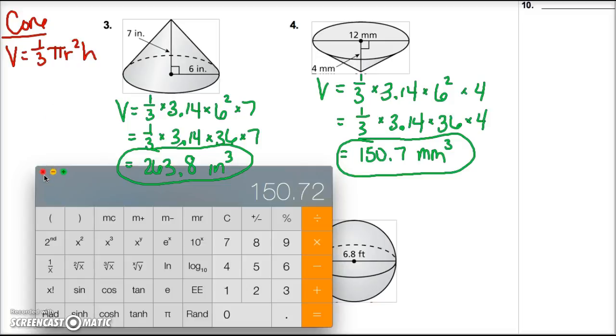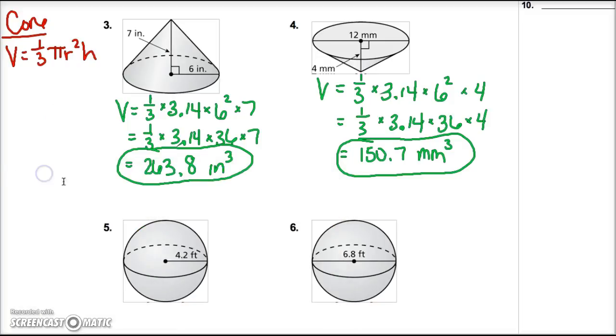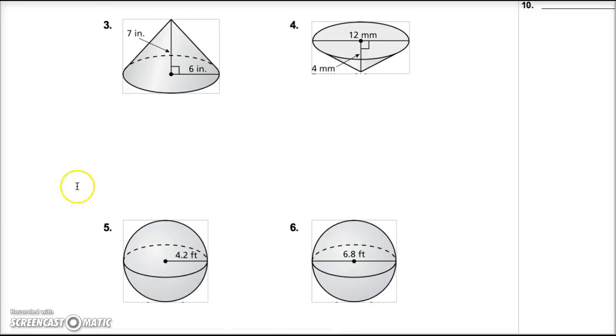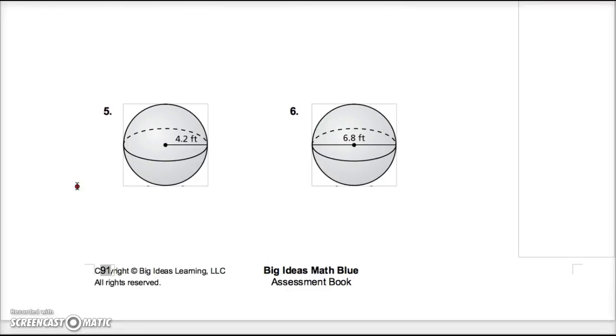Okay, the last shape we're going to look at is a sphere. Over here to the side, I'm going to write the formula for the volume of a sphere. For this one you take 4/3 times pi times the radius cubed.